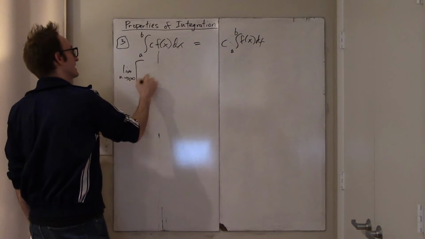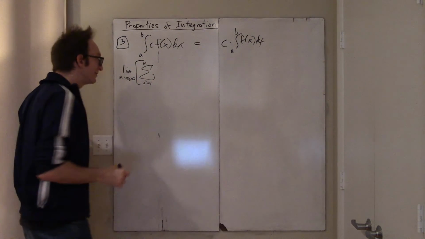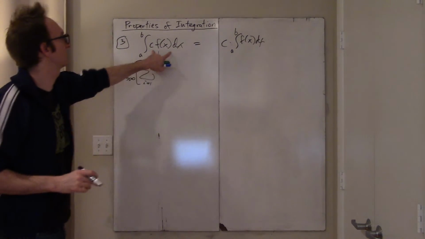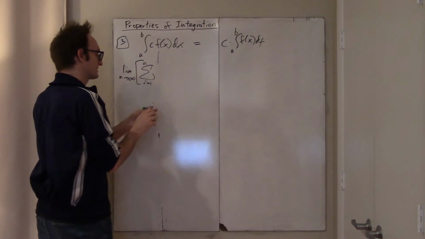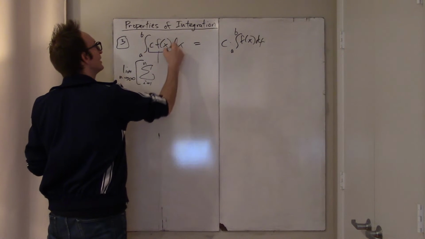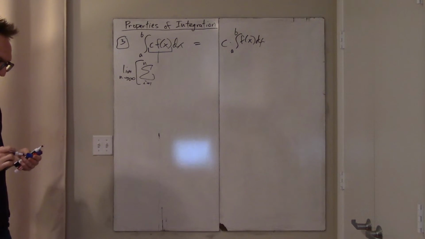It's the limit as n goes to infinity of the sum from i equals 1 to n of, okay, it's kind of awkward because I'm basically defining a whole function now whose output is c times the f function.